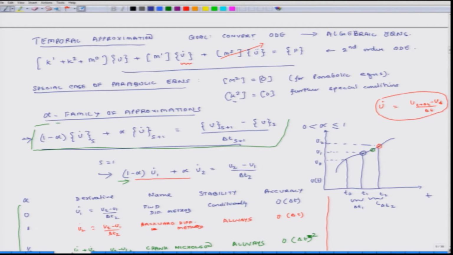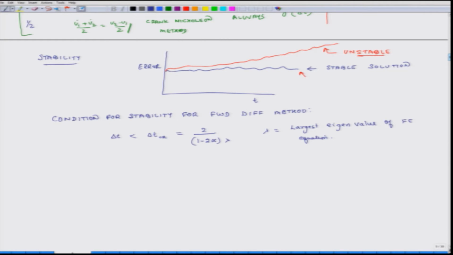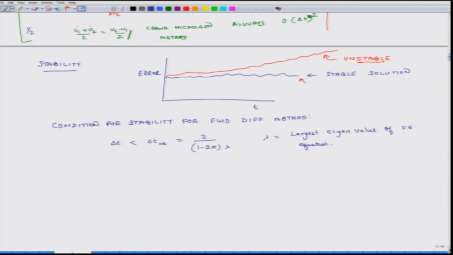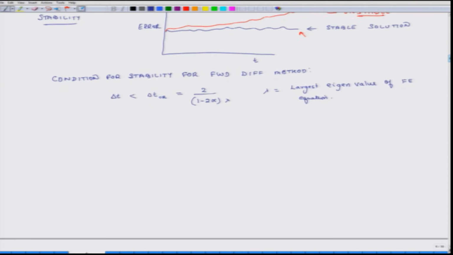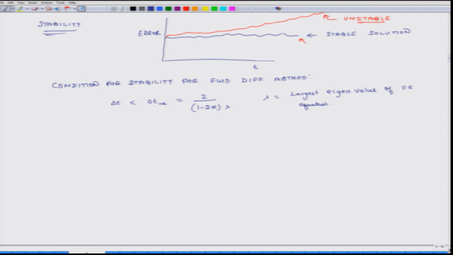We find the eigenvalues, whatever is the largest eigenvalue, we plug that number into this equation, calculate the critical time increment, and once we have calculated it, we have to make sure that my time increment steps remain smaller than that. If it is smaller than that, then the solution will be stable. So, that is the meaning of stability in the context of this particular problem.